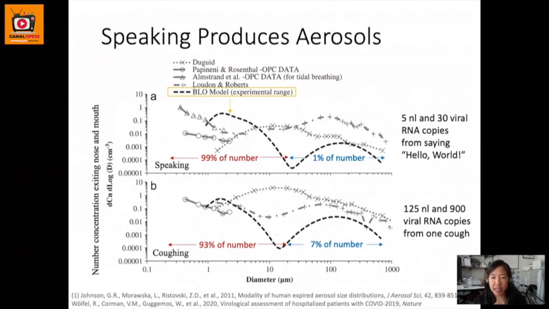So if I take these numbers, I can calculate the volume of respiratory fluid droplets and aerosols that are produced, which is 5 nanoliters from saying hello world if you're speaking, or 125 nanoliters from one cough.